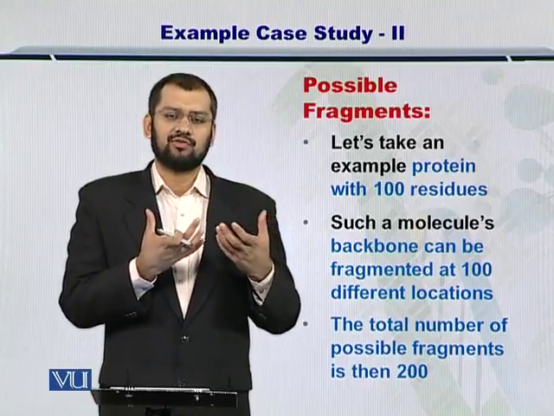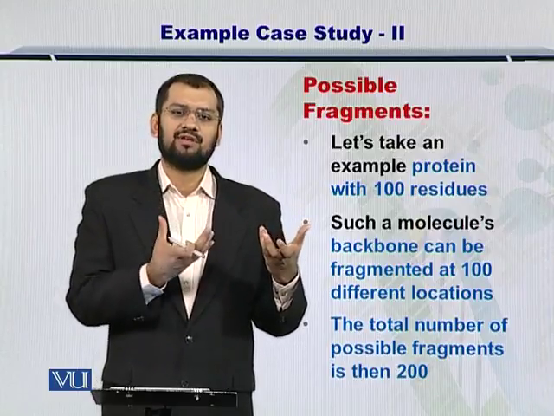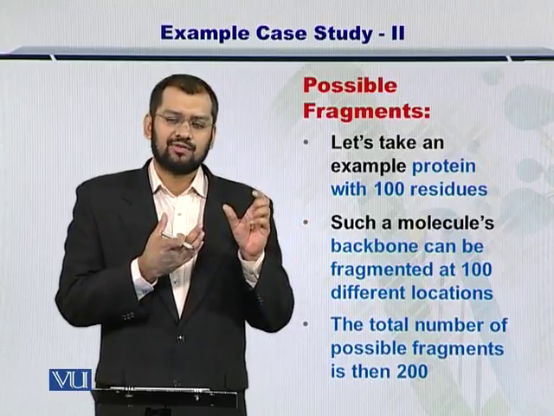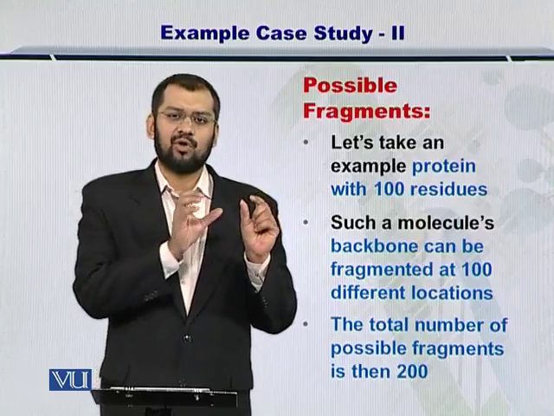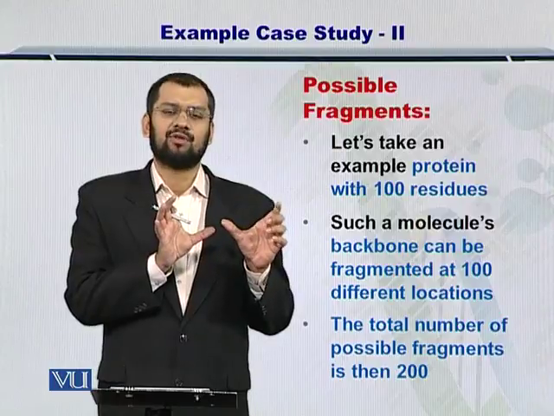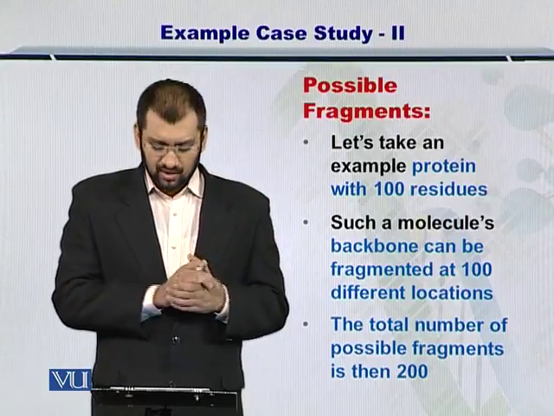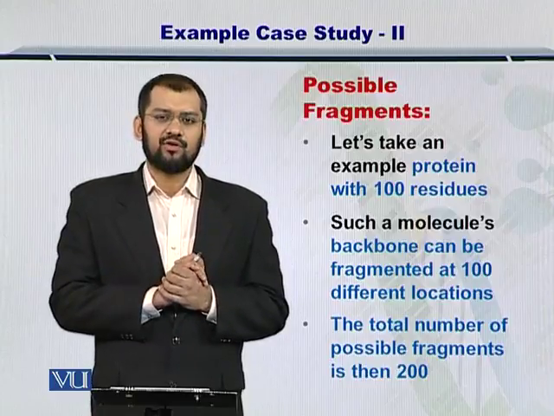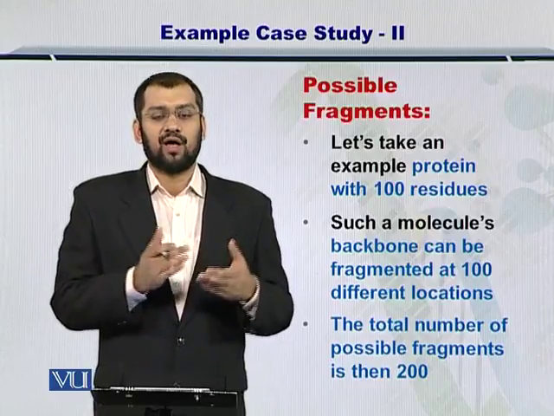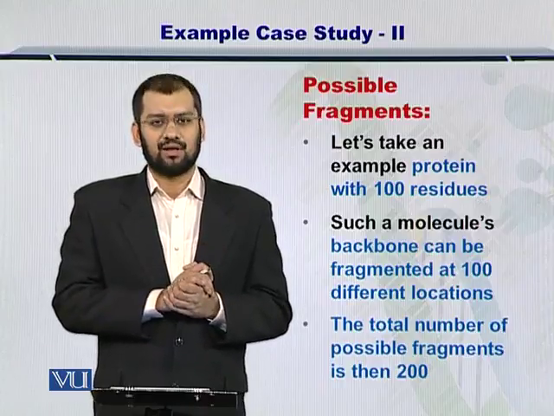The only thing that is varying is the size of the N-terminus fragment and the C-terminus fragment. So as the N-terminus fragment becomes small, the C-terminus fragment becomes large, and as the N-terminus fragment becomes large, the C-terminus fragment becomes small. So if you had a 100 residue protein or peptide, you would have 200 different possibilities of fragmenting the molecule.